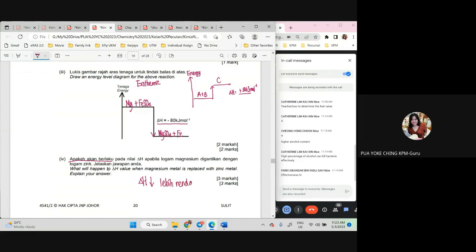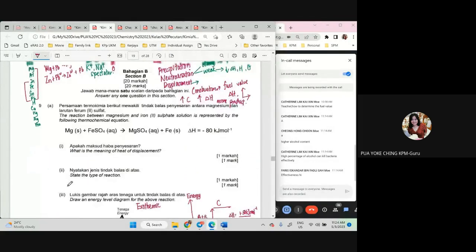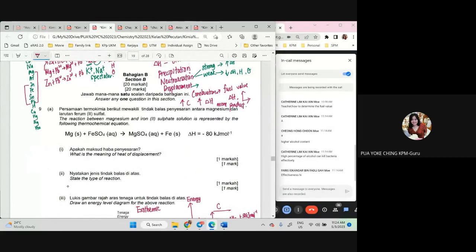So, in English, you will say lower delta H. Kalau soalan ini tukar jadi predict atau ramalkan, then you need to have value. Kena bagi nombor. Kalau Mg dengan Fe adalah negatif 80, so you can agak-agak.